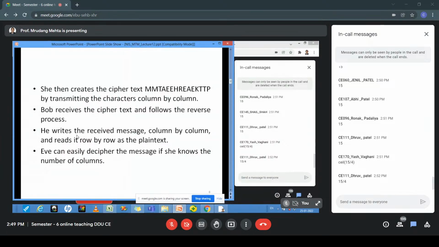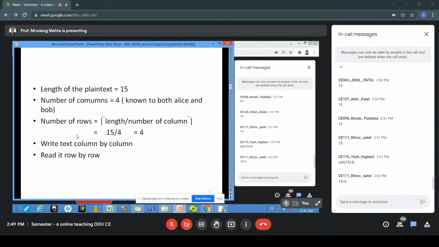If the plain text is 25, then how many rows will be required? 25 divided by 4, because the number of columns remains the same, that is agreed.